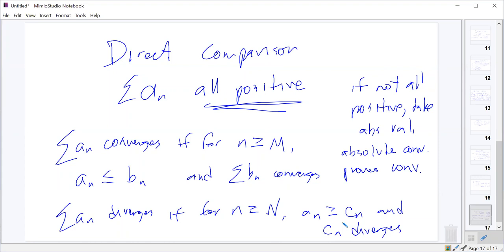The terms before this capital M or capital N value don't matter, because those are just a finite number of terms of a series, and those have a finite value. And then as long as you go towards infinity, one or the other of these happens. Does that make sense or no?